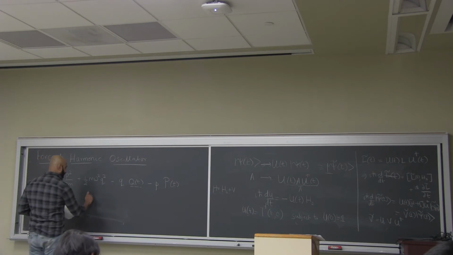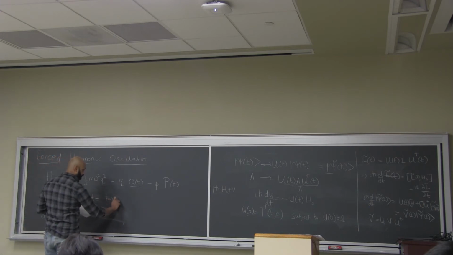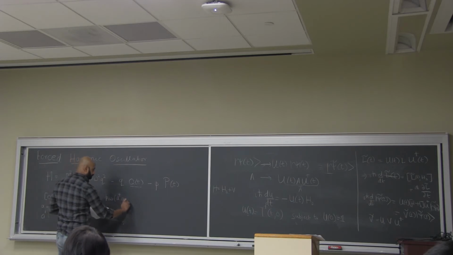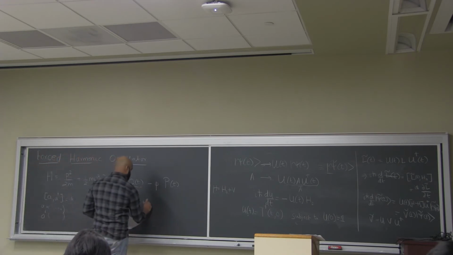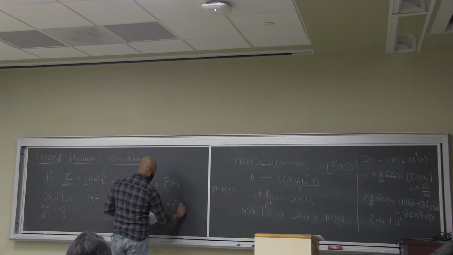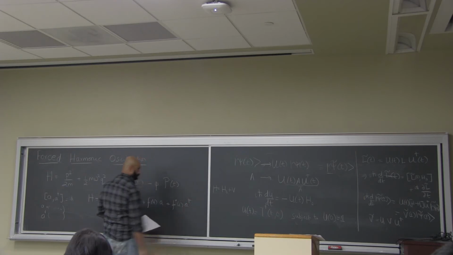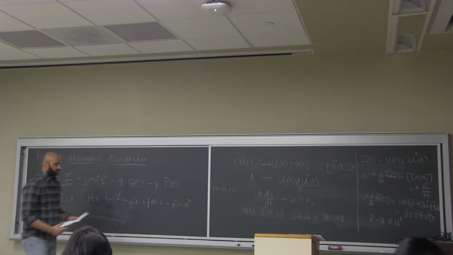I'll let you carry out that substitution, very straightforward, in the homework. We get the standard harmonic oscillator Hamiltonian plus two terms: F of t times A plus F star of t times A dagger.